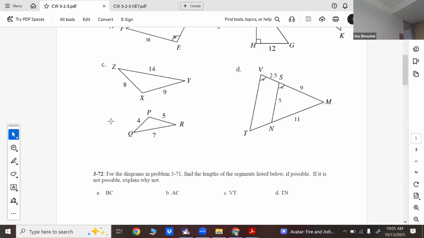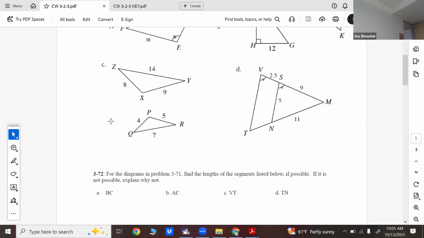Corresponding sides, right? 9 is here, that's 11.5, so 9 over 11.5 is this. And likewise, with the other corresponding side, NS over the whole side. So that's why I say 9 over 11.5 equals 11 over this. This is 11.